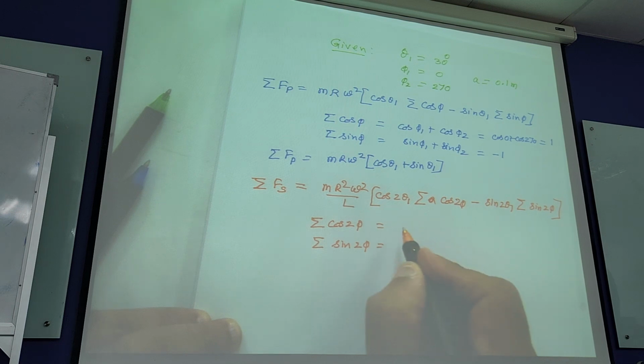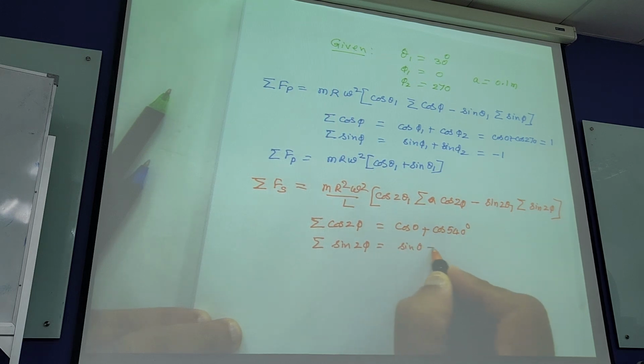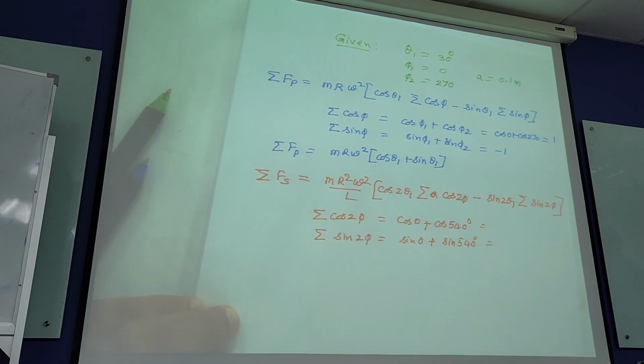Here there is no A. Now we calculate the sum of cos 2 phi and the sum of sine 2 phi. Cos 2 into 0 is 0, plus cos 2 into 270, so cos 540. Similarly, sine 0 plus sine 540 degrees. Calculate how much you get.